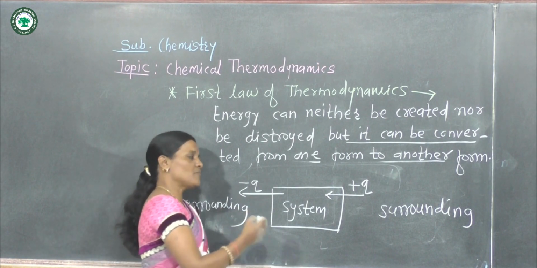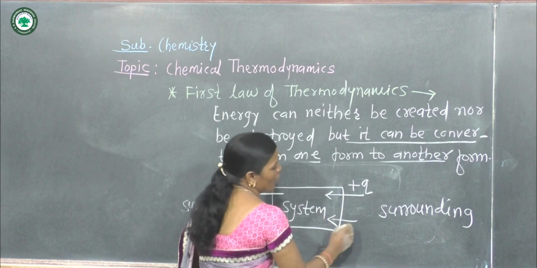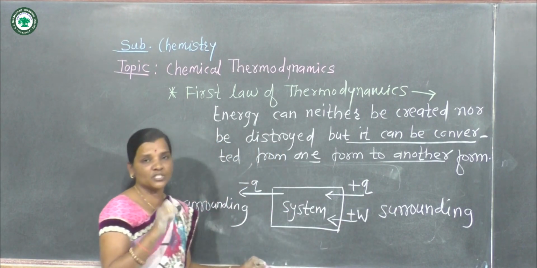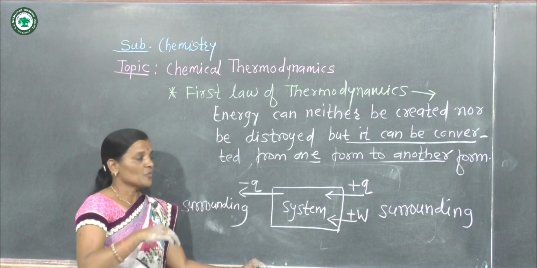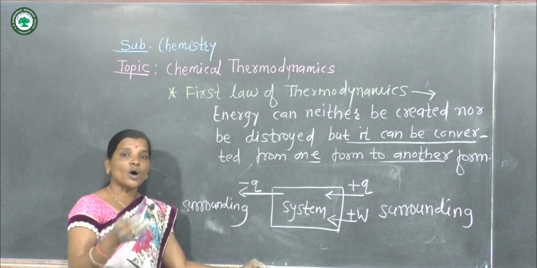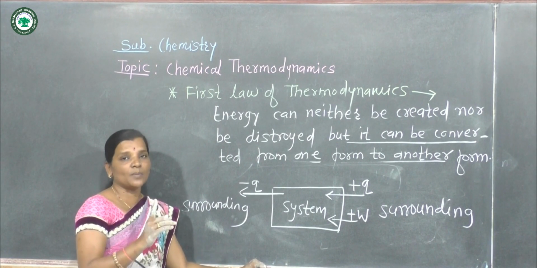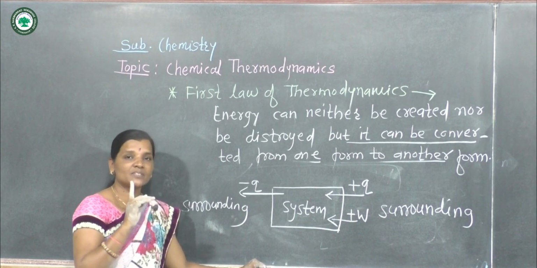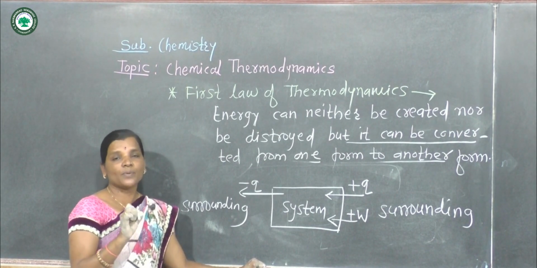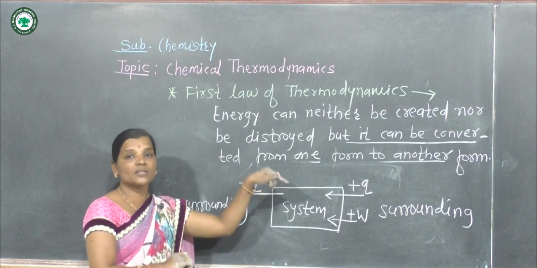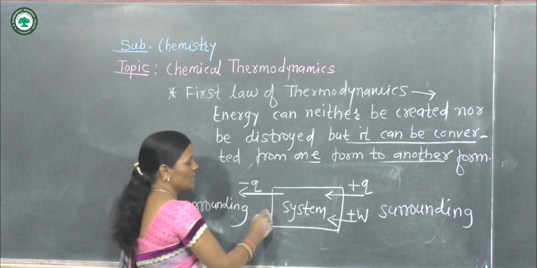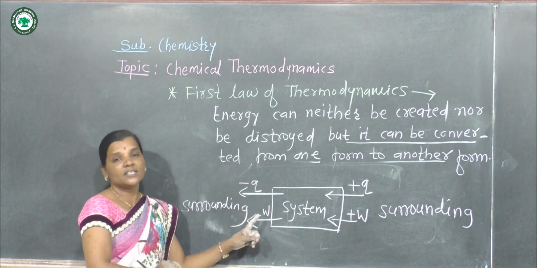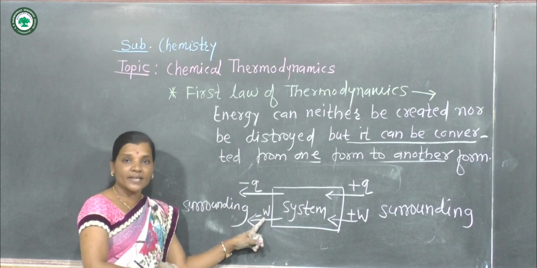Now in the same way, if work is performed by the surrounding on the system, then that is plus W. The sign for work is always plus when work is performed by the surrounding on the system. And when the system performs work on the surrounding, then the sign of work is always negative.